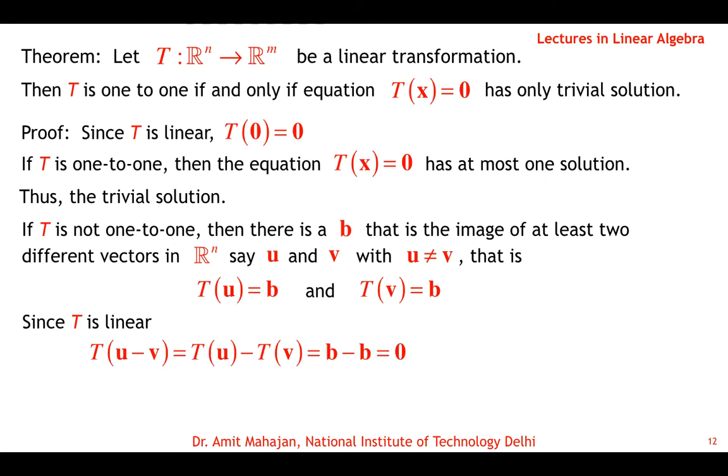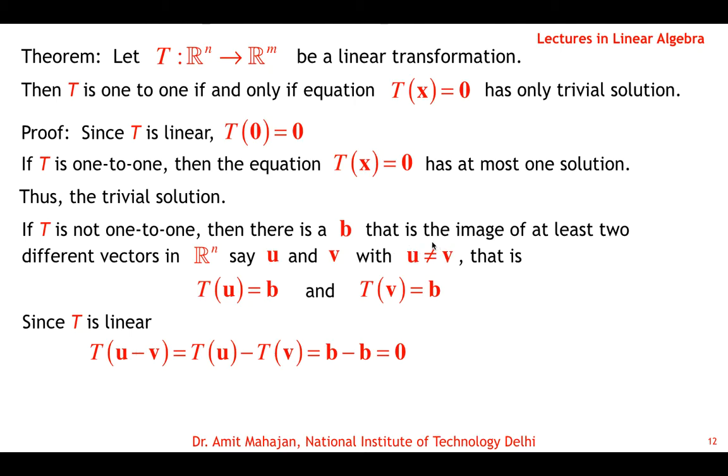Now if we calculate T(u - v), because T is a linear transformation, the transformation of a difference is the difference of transforms, and because T(u) is b and T(v) is also b, this is equal to 0. So T(u - v) = 0. So u - v satisfies the homogeneous system, and u - v is a non-zero vector, since u is not equal to v.